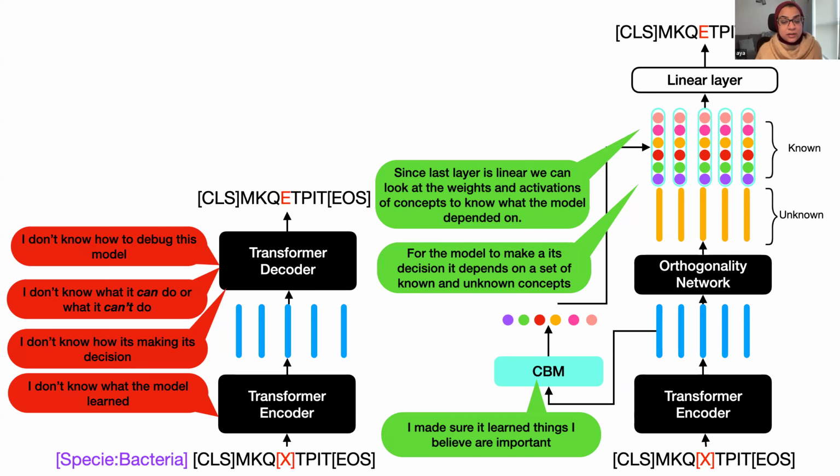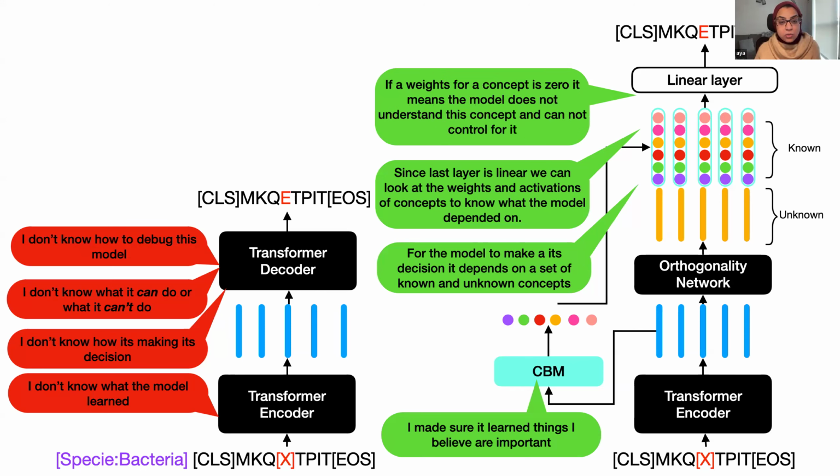And basically, we know what the model can or cannot do by looking at the weights. For example, if the model did not learn a certain property, then it won't be able to control for that property. Regardless of what the input is, if the model's weight for that concept is almost zero, it won't be able to control for it. So that's the importance of the linear layer.